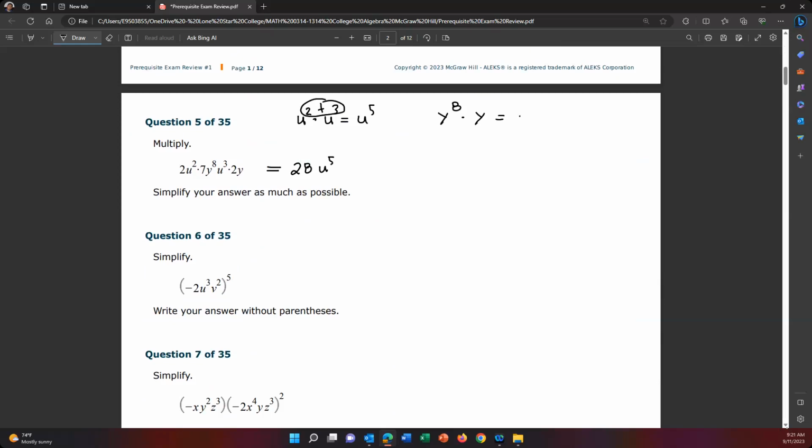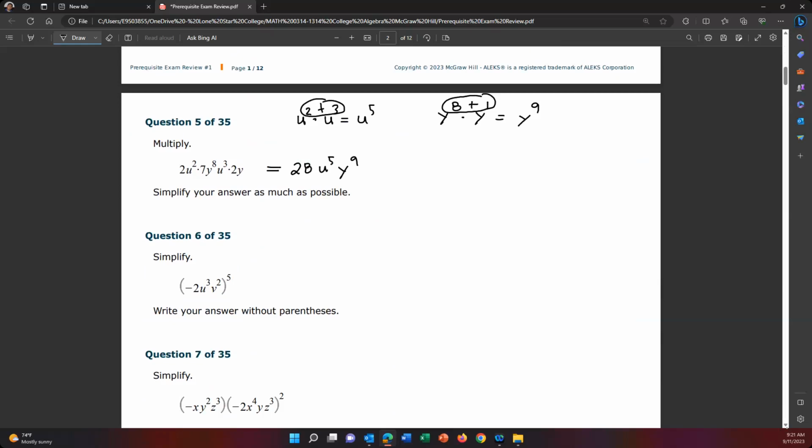So in this case, we keep the same letter, y, and this y has an exponent of 1. So 8 plus 1 is equal to 9. So we get y to the 9th power. Okay, so we multiply the numbers and then letters with the same letters.